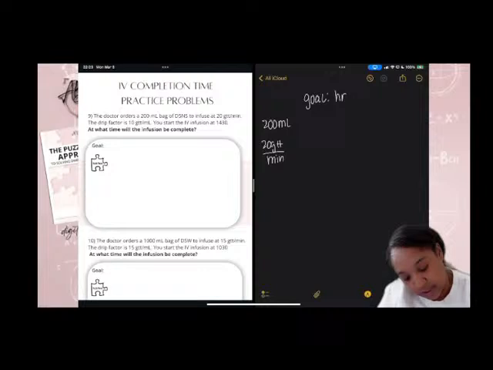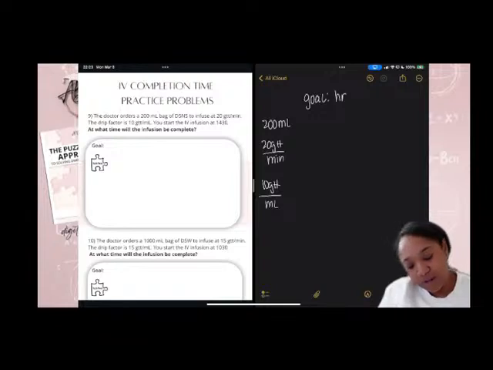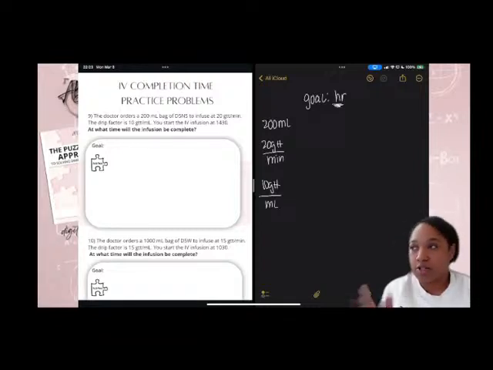That's a puzzle piece. And then the drop factor is 10 drops per milliliter. I want to have hours. That is what the question is asking me for, time. So I always start with what I am looking for, which is the goal. You always, always, always start with your goal. If you start with what you're looking for, you won't have to find it. So in our puzzle pieces, do we have a puzzle piece that has hour in it?